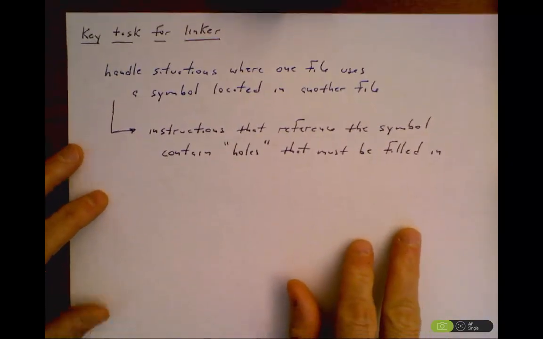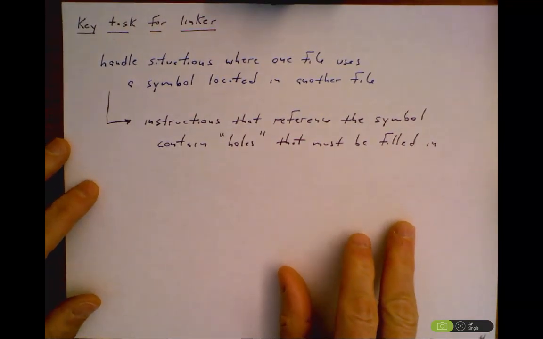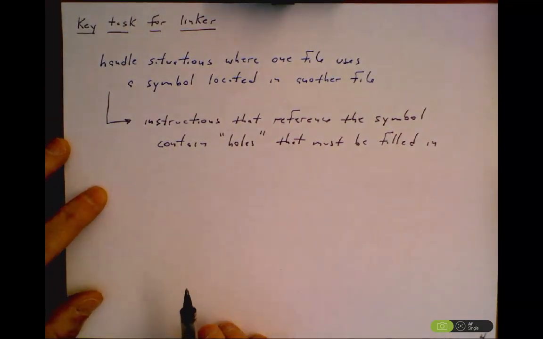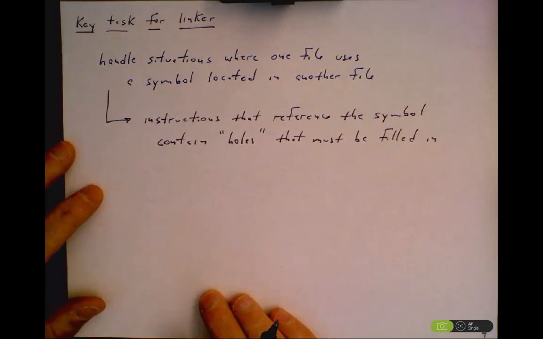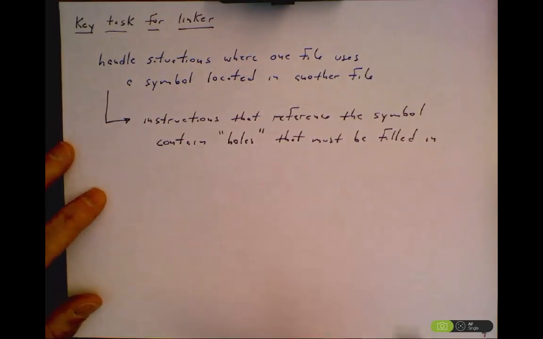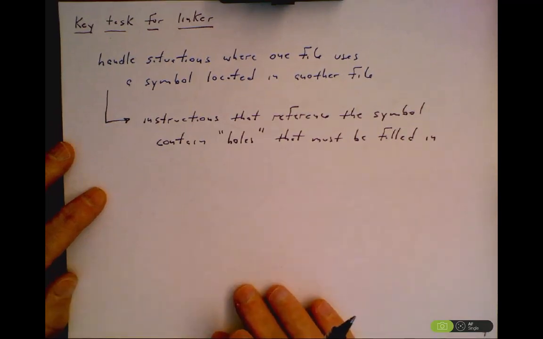So the key task for the linker is to handle situations where one file uses a symbol located in another file. In other words, the user in a C program is calling printf, right? I'm using printf, but it's going to be defined in an object file that's located in a library.